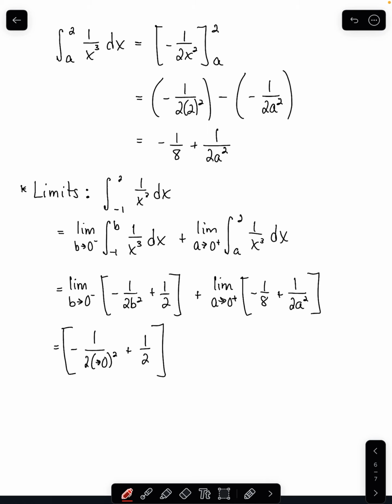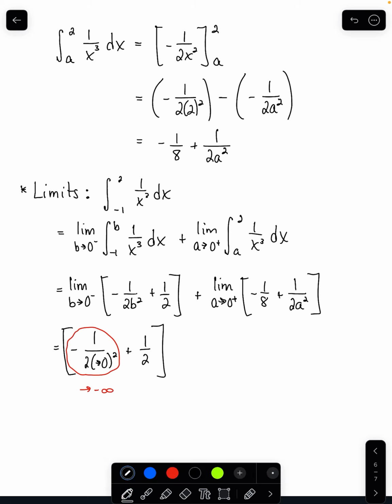This first term in parentheses here is going to approach negative infinity. That means that this integral diverges without even approaching the other limit, without even dealing with it. We already know that this particular integral diverges.